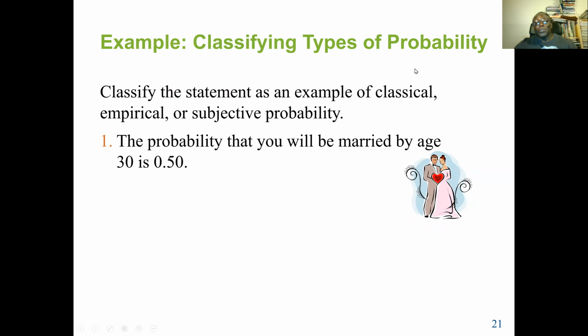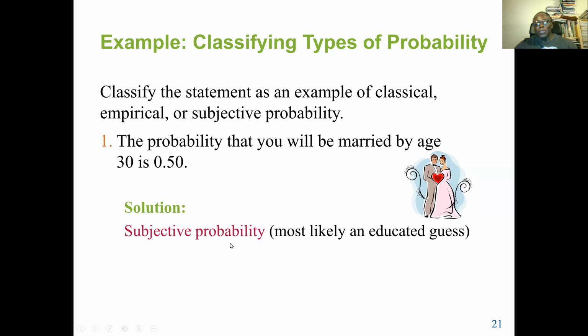Now, classify types of probability. Here we have a question saying, classify the statement as an example of classical, empirical, or subjective probability. The probability that you will be married by the age 30 is 0.50. So this will be subjective probability. We are going to have an educated guess.